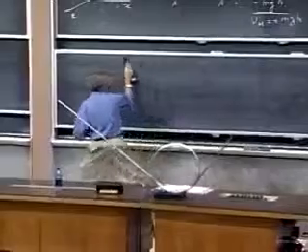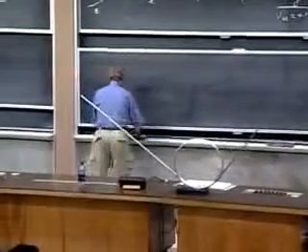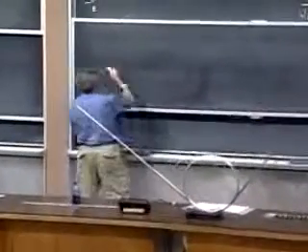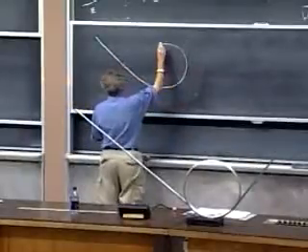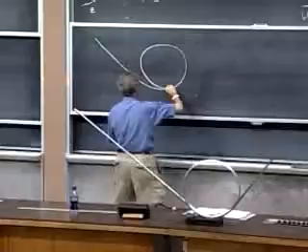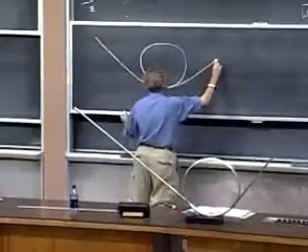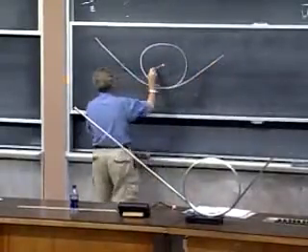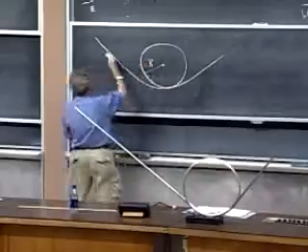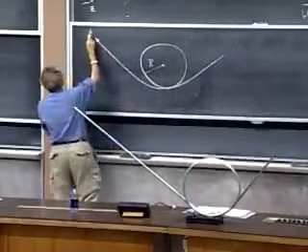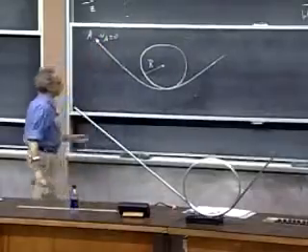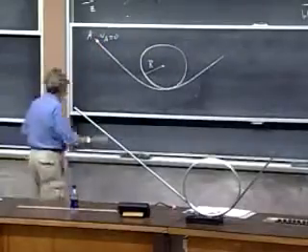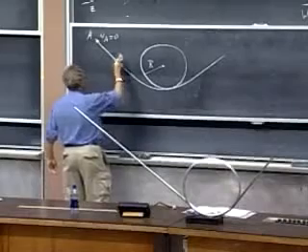Let's clean it a little bit better. Here is that roller coaster. This is a circle, and then it goes up again. So let the circle have a radius r. This point be A. I release it with zero speed. I assume that there is no friction for now. This point be B.